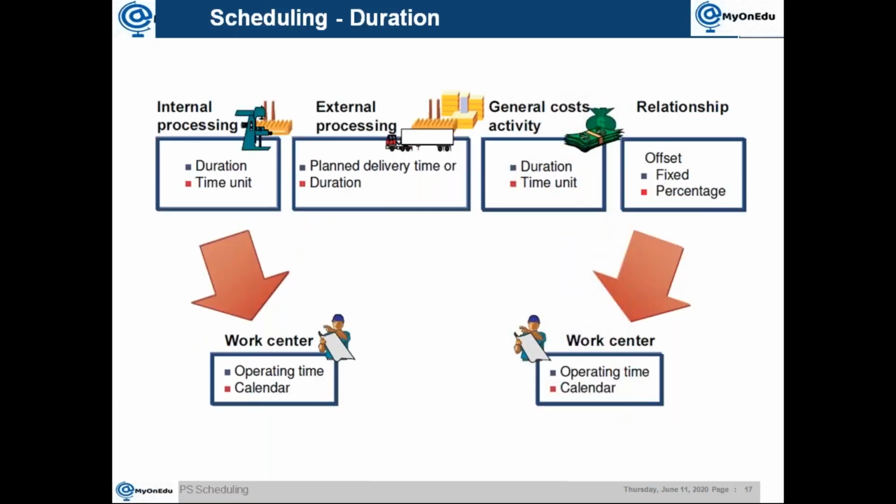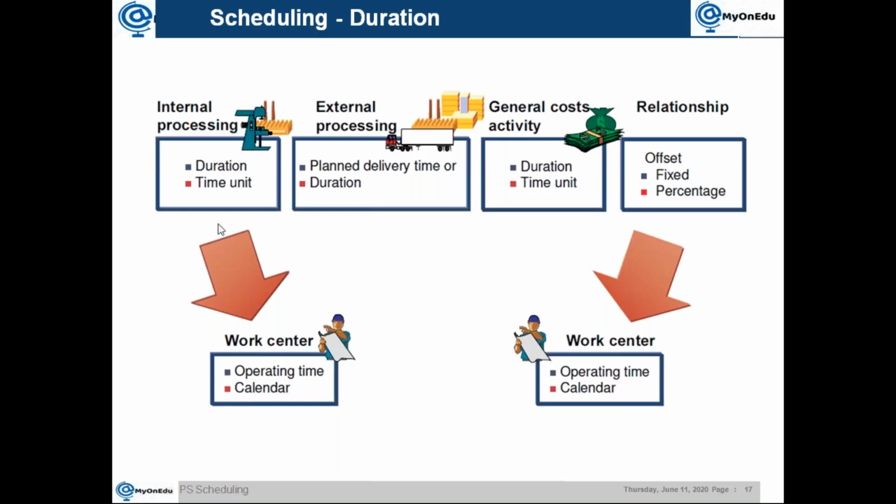Then when we are talking about SAP, what are the fields or values we maintain that are considered to calculate the duration? Because in Excel, I just put a duration, but how the system is considering it is important.